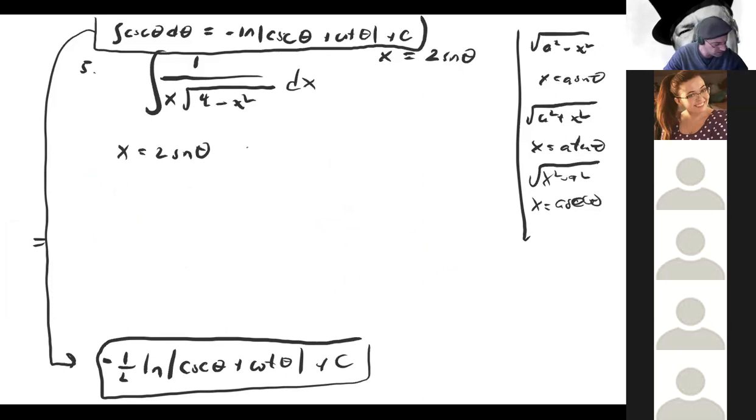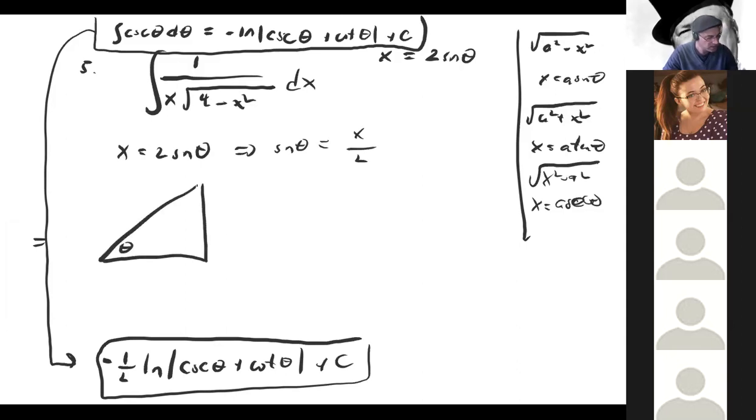In order to do that, it's better to write sine theta as x over 2, and to think of x as a right triangle where theta appears as the angle. If sine of theta is x over 2, then if we let x be the opposite side, the hypotenuse must be 2, correct? Therefore, the adjacent side is the square root of 4 minus x squared. From that, we can figure out what cosecant theta and cotangent theta are.